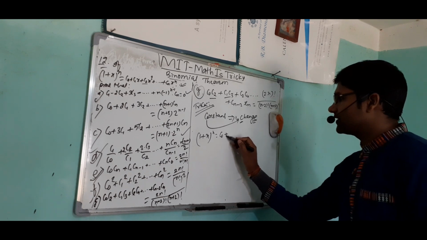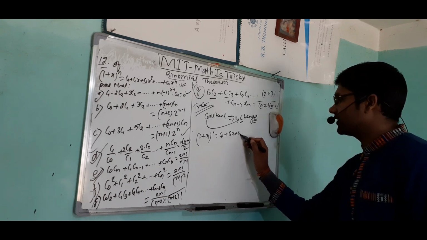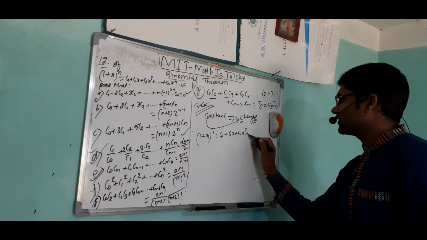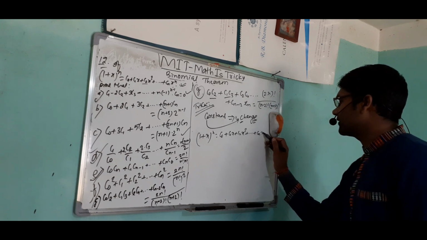C0 plus C1 x plus C2 x square plus dot dot dot Cn x power n, isn't it?